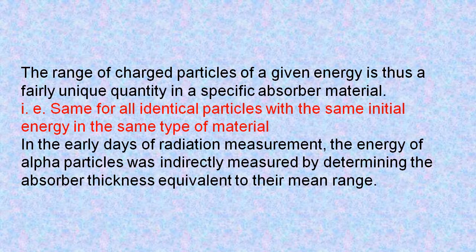But in olden days, before the development of these detectors, an easier method was this: you take some absorber and you are given a beam, and the range for your beam through a given type of absorber for a variable thickness of that absorber is known.